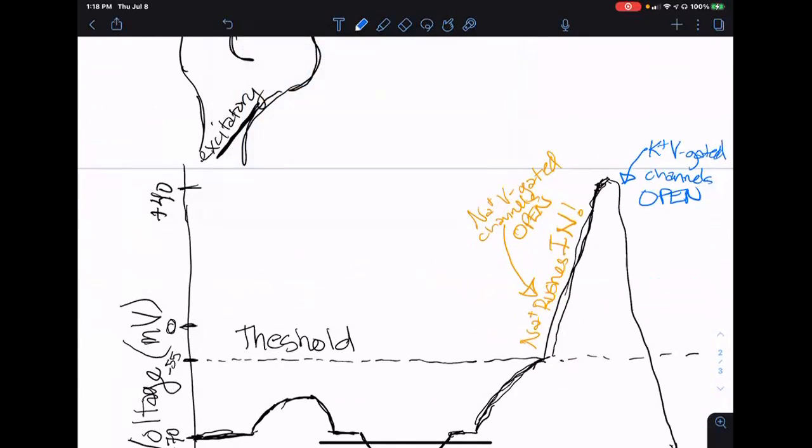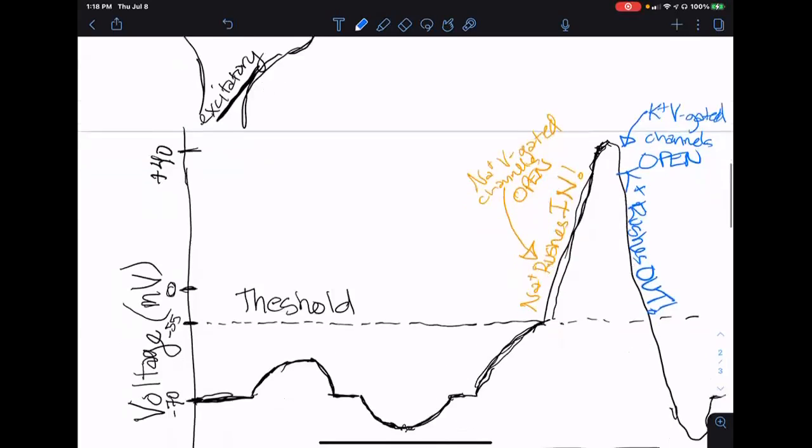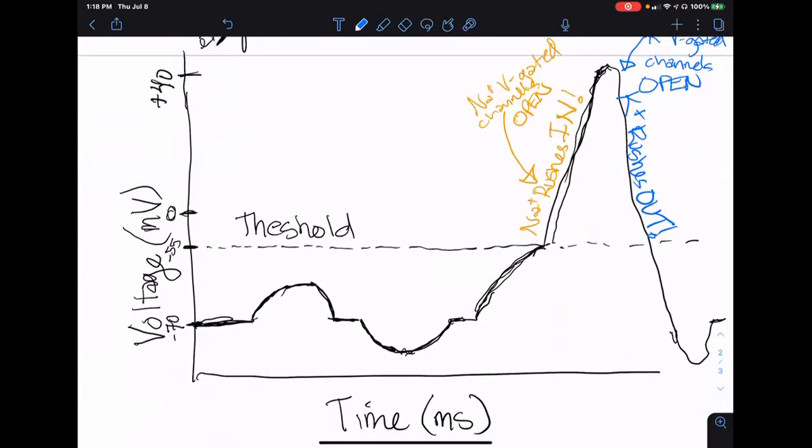So once we open these potassium voltage gated channels, potassium rushes out.